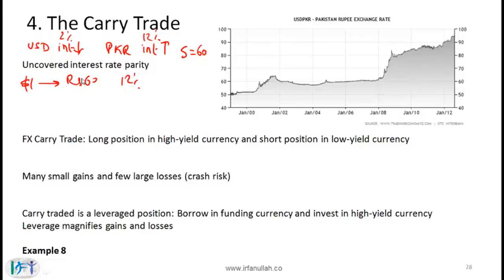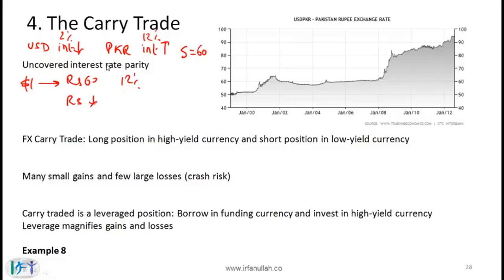According to uncovered interest rate parity, what's going to happen is over 1 year or over whatever period of time, even though the investor can earn 12% on the rupee, the rupee is going to lose value relative to the dollar, and that loss in value will essentially balance out this interest rate differential. So that's what uncovered interest rate parity says.